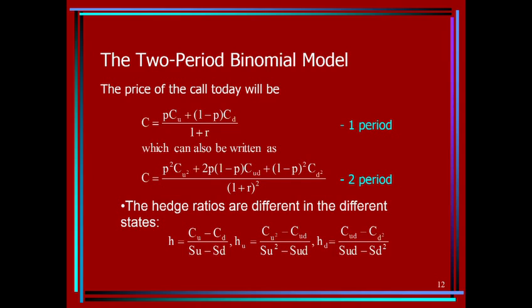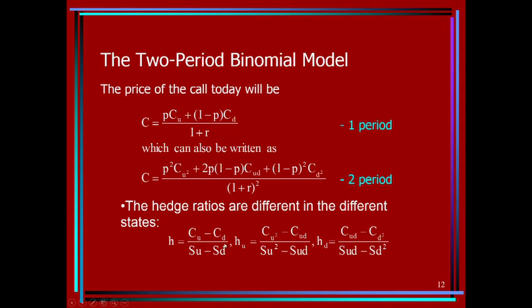Okay, so I mentioned dynamic hedging, right? In a 1-period model, we calculated the hedge ratio once. Now in a 2-period model, you need to recalculate your hedge ratio because the price has changed. Using the same formula of CU minus CD over SU minus SD, you simply use the correct period's prices to calculate your hedge ratio.